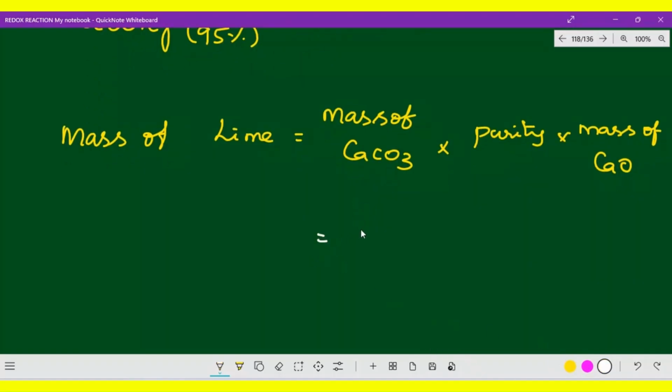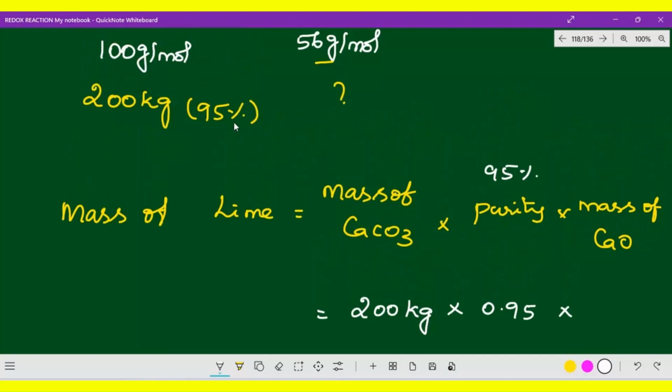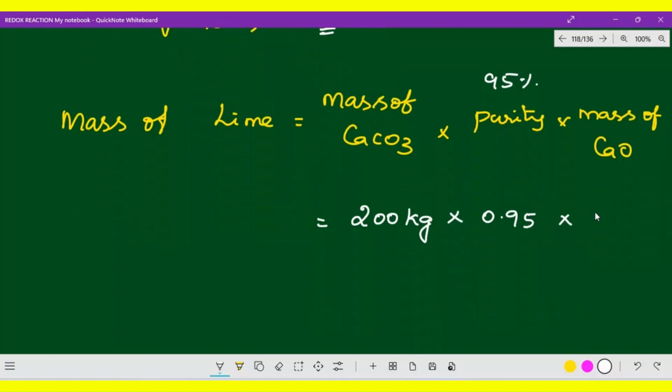Come on, let us identify the answer. Here 200 kg into purity, how much? 95%. We can write 95% as 0.95, into the mass of CaO, so 56 divided by 100. Is that clear?